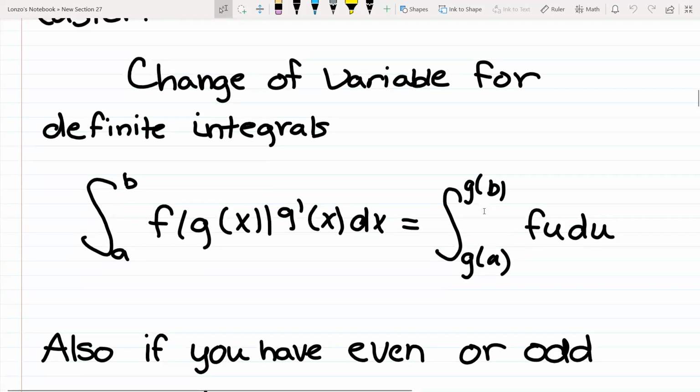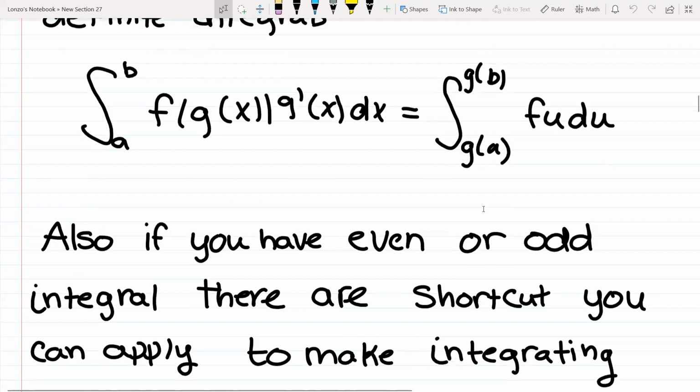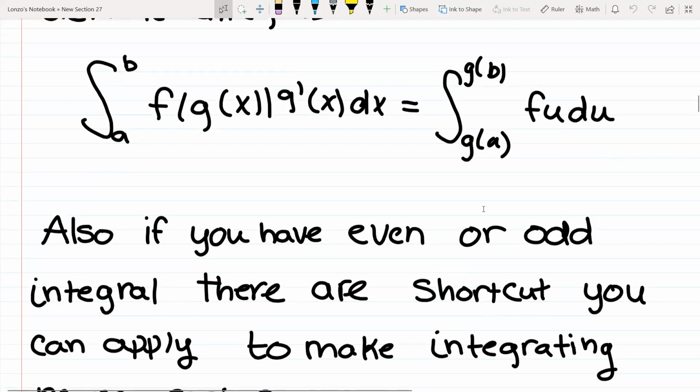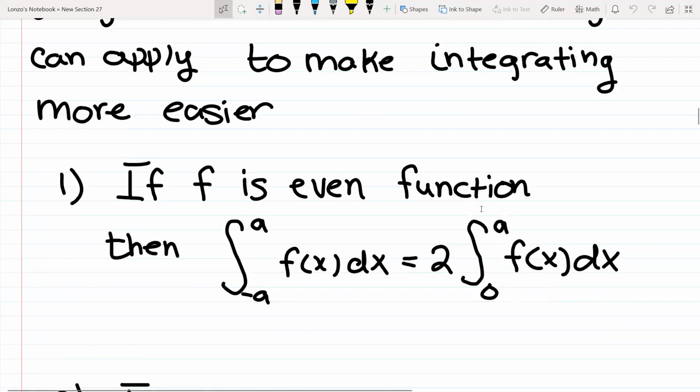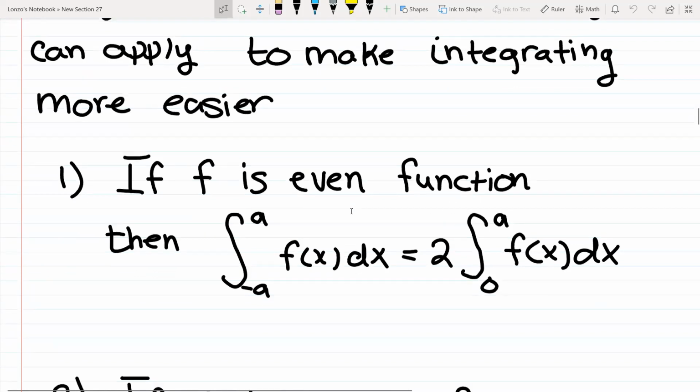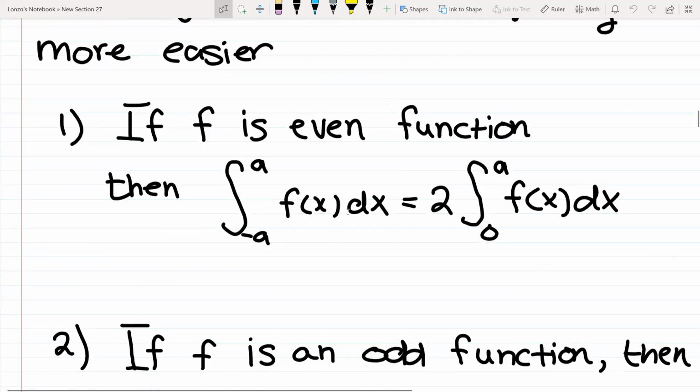And then if you have an even or odd integral, there are shortcuts you can apply to make integrating easier. If you have an even function, by the way, what is an even function? An even function is symmetric to the y-axis.